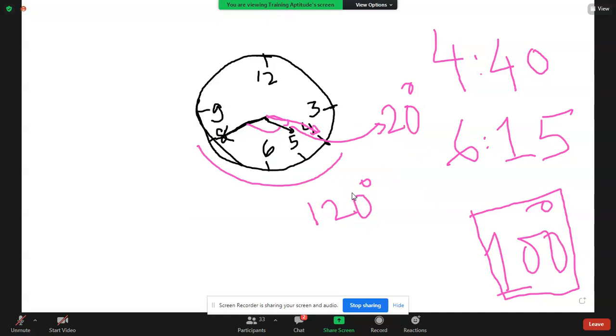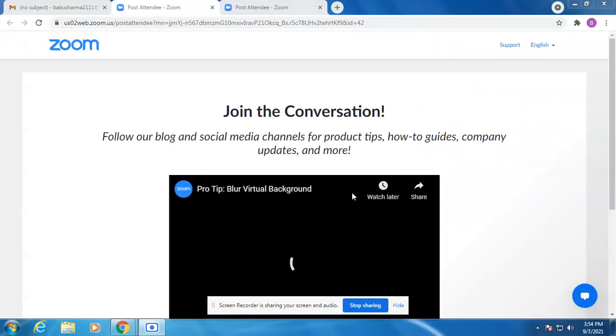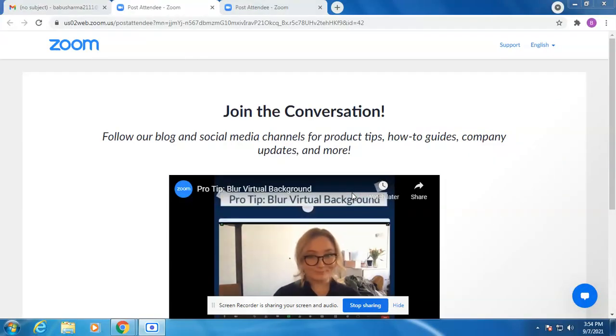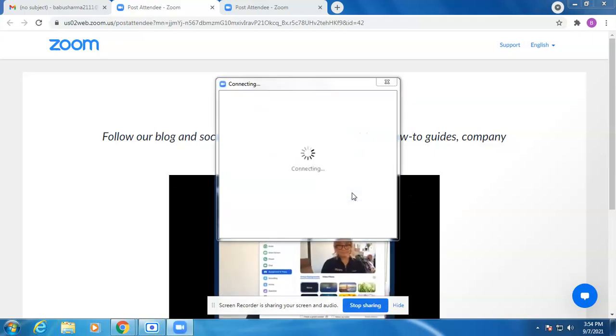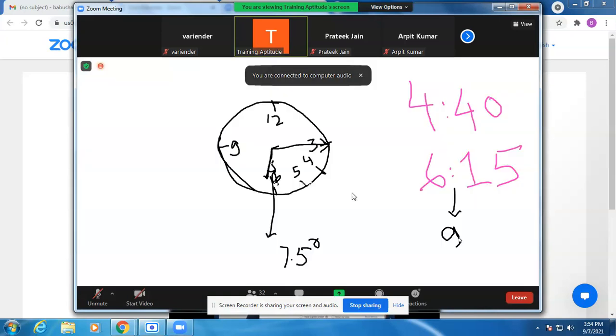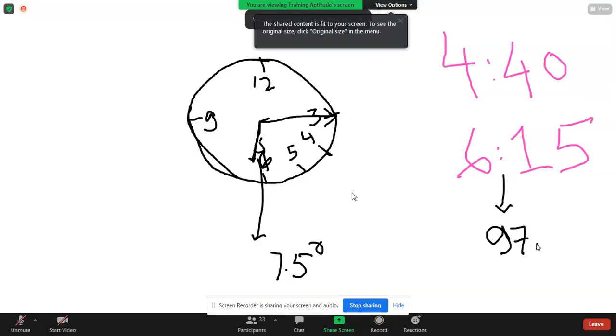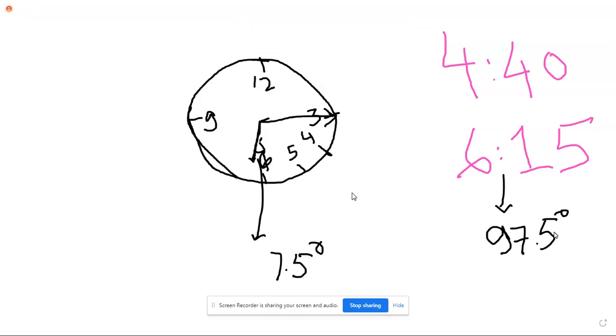Yeah, absolutely correct. 97.5. Just remember one thing, that every 1 minute, the hour hand is moving half a degree.